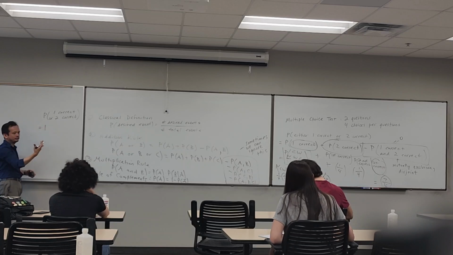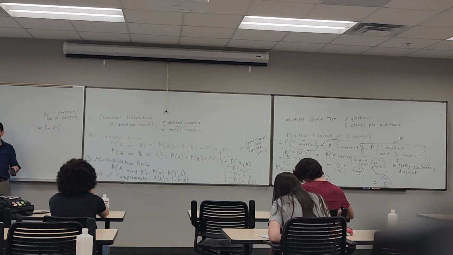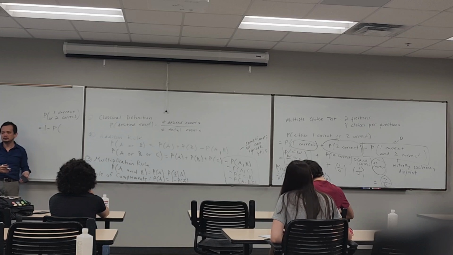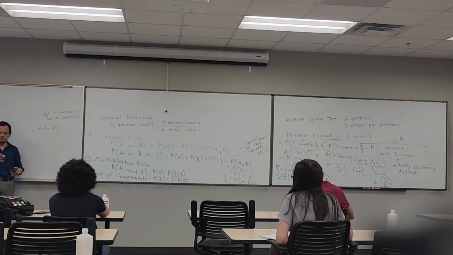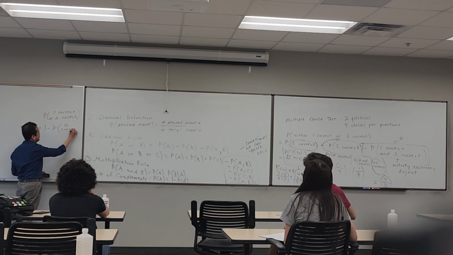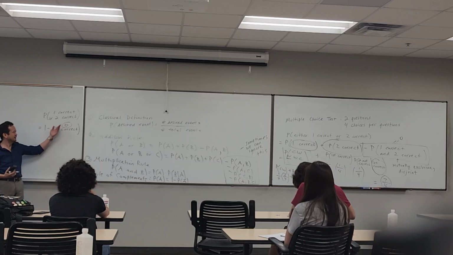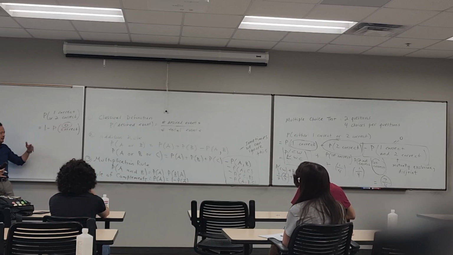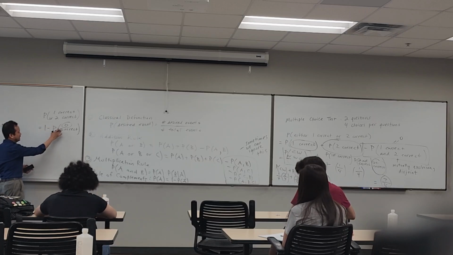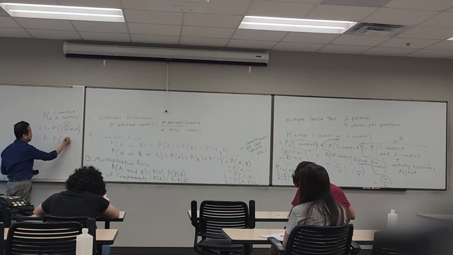So 1, and then subtract from 1. So 1 minus the probability of 0 correct. But another way of phrasing 0 correct is that means you get how many wrong? You get both of them wrong, good. So 0 correct, I'll just write it all out. Sometimes it's hard to think of non-existence. So 0 just means that you don't have any correct. Sometimes it's easier to think of getting the actual existence part of it, which is getting 2 incorrect. So here we'll say this is the same thing as getting 2 wrong.